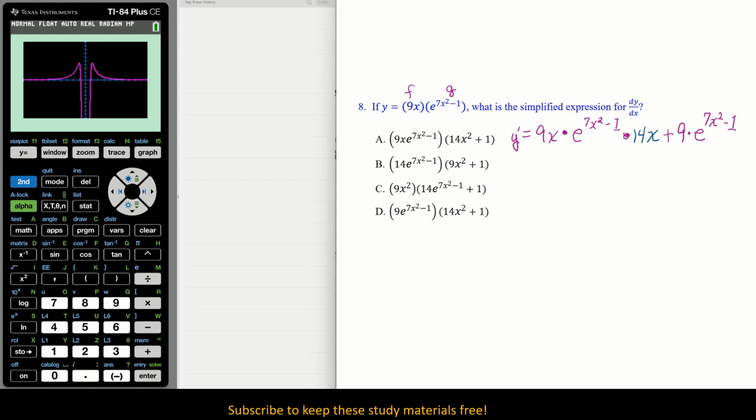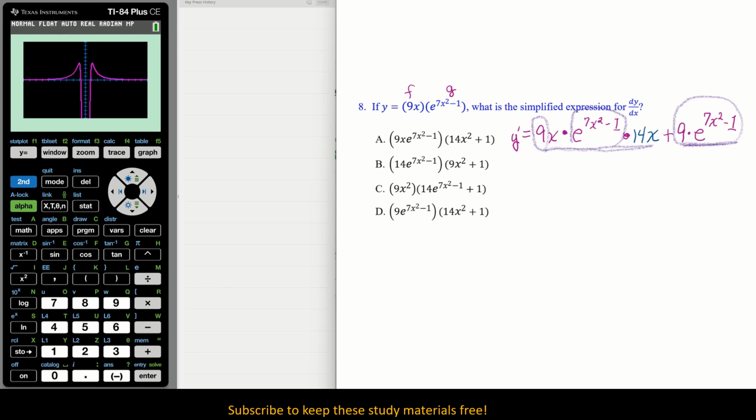We need to bring some like terms together and realize that we need to pull out what's the same on each side of our plus. So what I mean is anything that is the same on this side and this side of our plus sign, we can pull them out. Well, I see this entire phrase here being hidden over here.